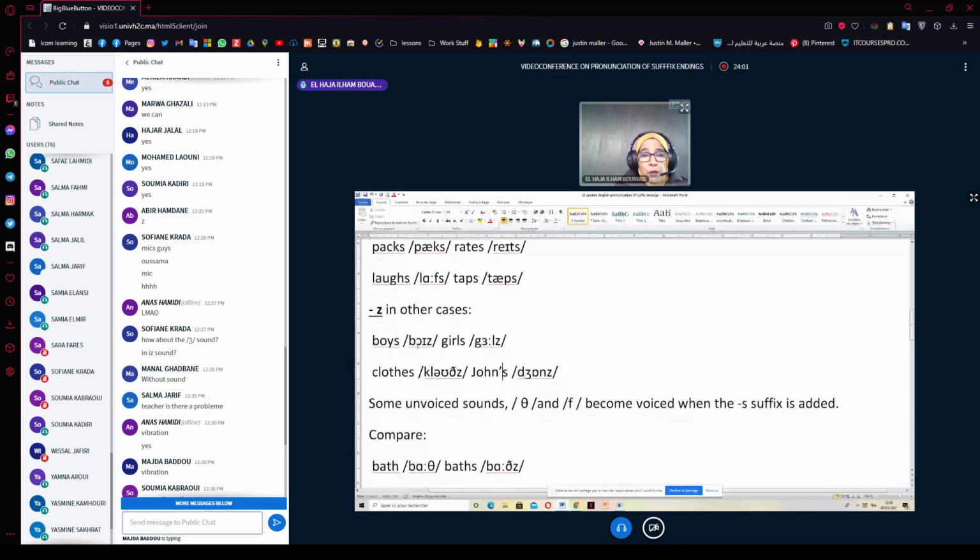Then we have girls. Here we have the L sound. L sound is a voiced consonant. That's why the S of the plural is pronounced as Z. Then in here we have some voiceless sounds like th and v and f. They become voiced when the S suffix is added.